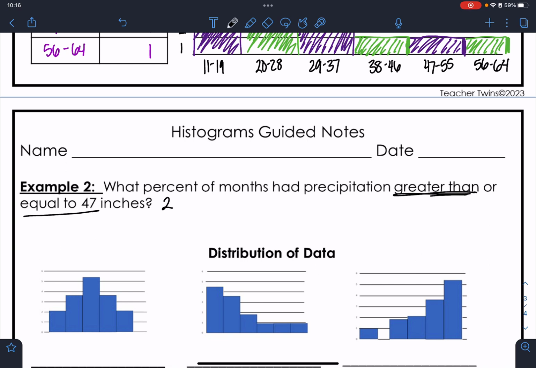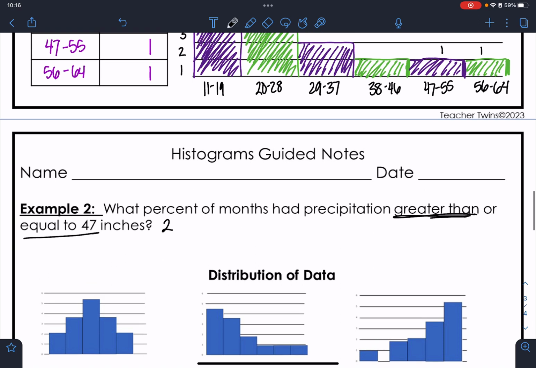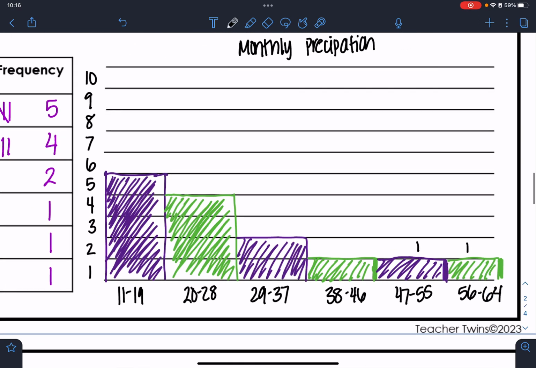But I want to find what percentage of the months. It doesn't ask me how many, what percent. So here's where we want to count them all. And now that I have this nice visual, I can quickly count. We had 5 numbers here, 4 numbers here, 2, 1, 1.